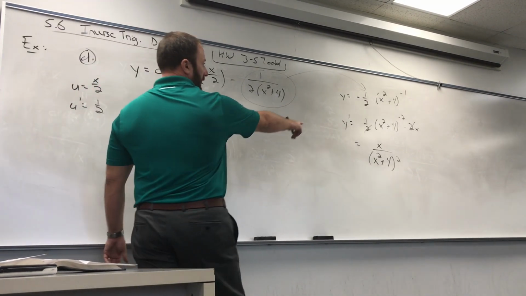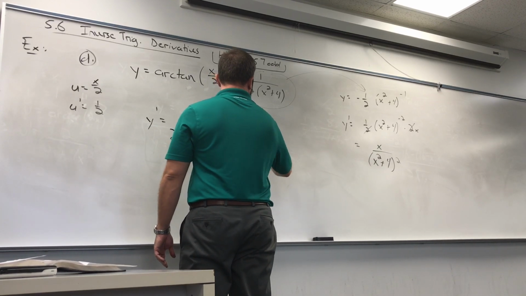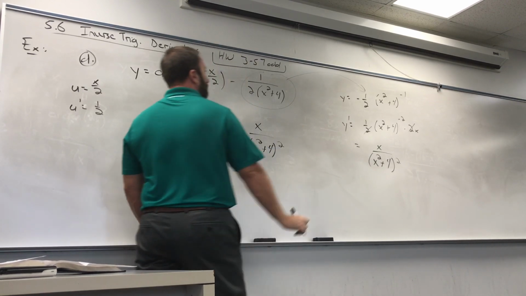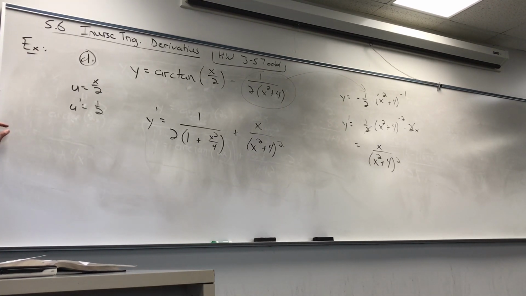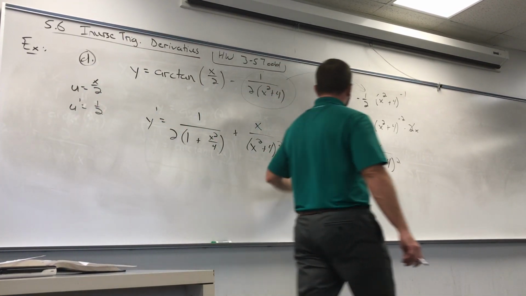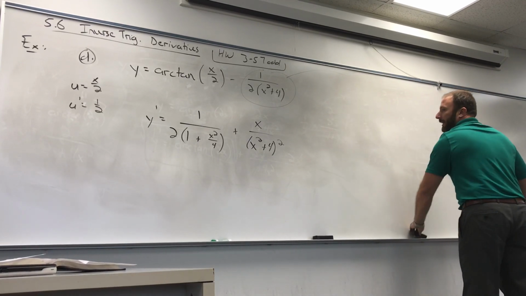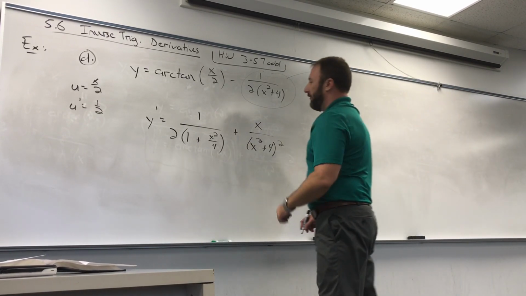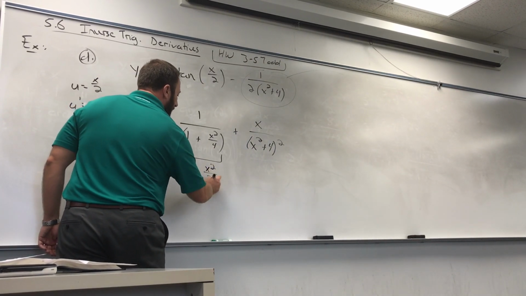So this and over here plus x over x squared plus 4 squared. Not too terrible. So I'm going to distribute that 2 on the bottom left and see what we get. So if we send this 2 through, we're going to get 2 plus x squared over 2.